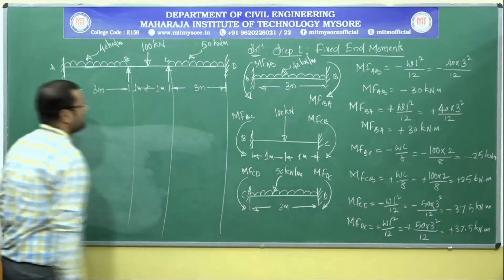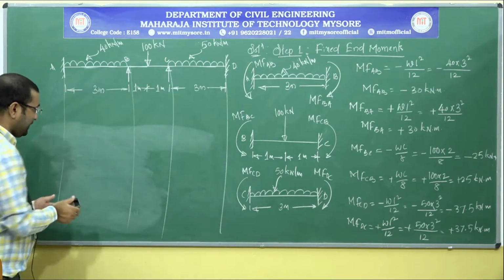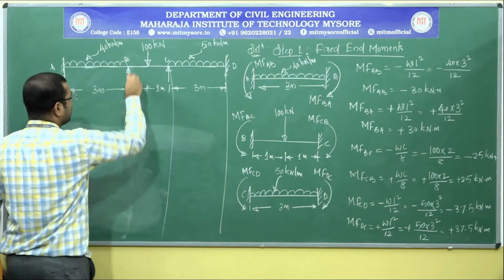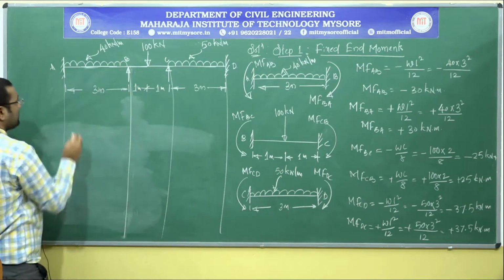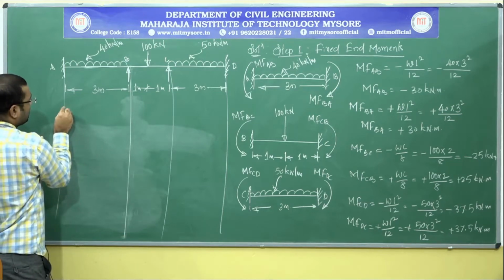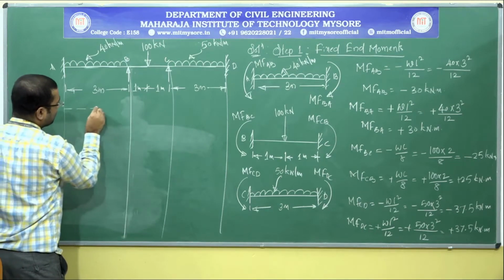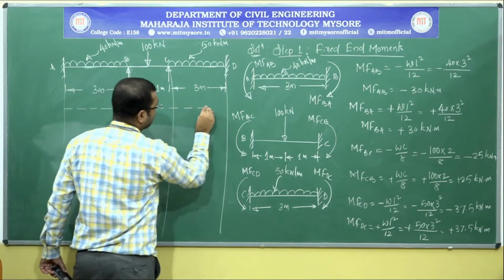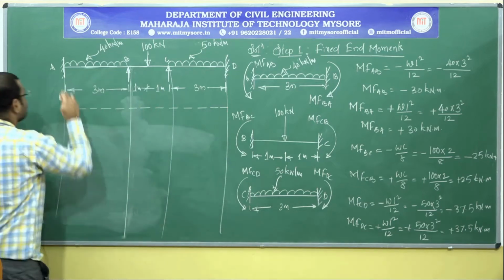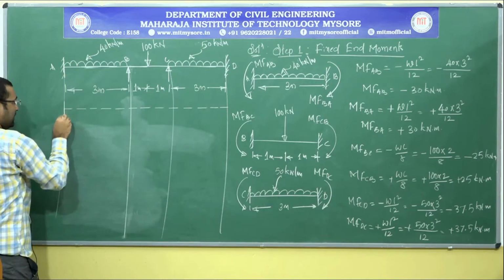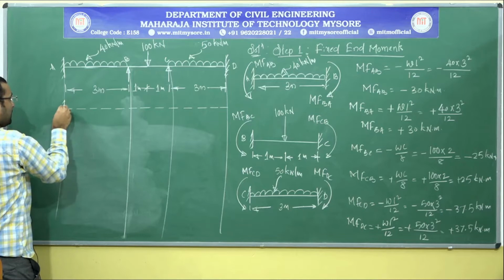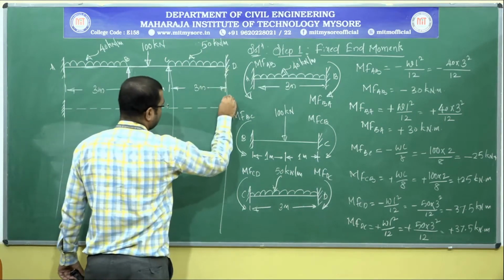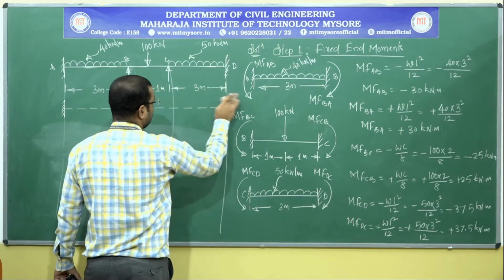Okay. Now before starting with the second step, we need to decide the sign conventions for the deflection. As this support B is sinking down, see, the dotted line shows the original position of the beam. Here support A is not sinking, so it will remain in its original position, and also D will remain in its original position.